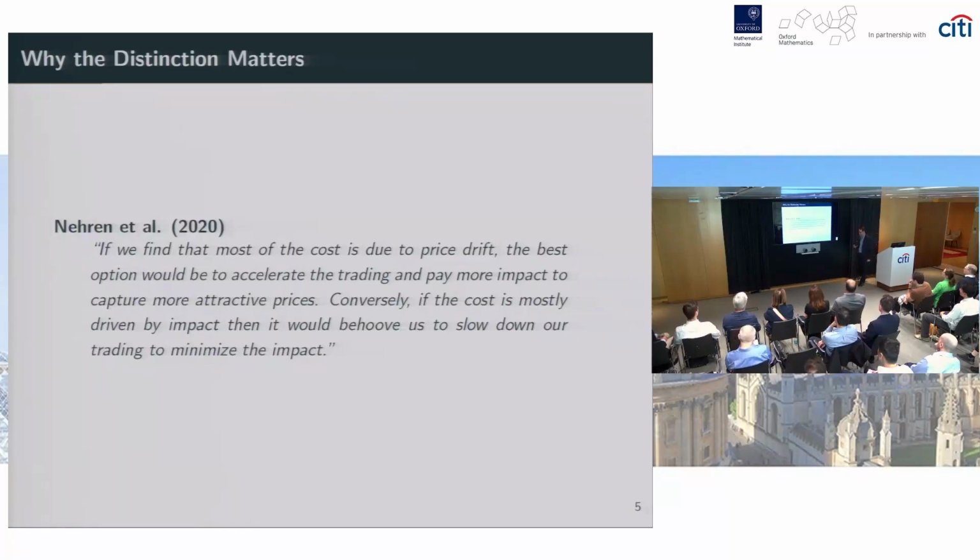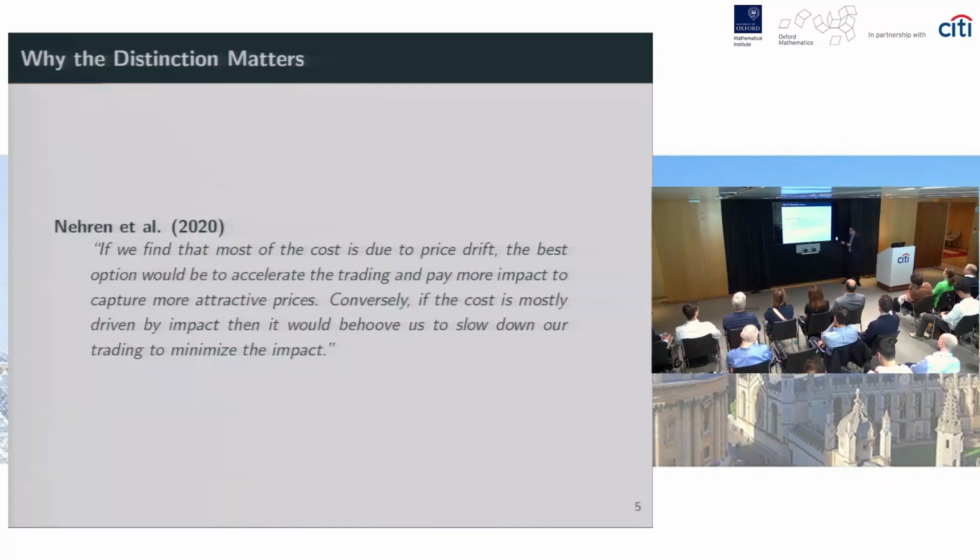I accentuated the point the last time, and I promise I'll leave you alone with this, but with the same return prediction, so in both cases you predict that the price is going to go up, you take diametrically opposed actions depending on whether you think that same return prediction is due to alpha, aka exogenous to your trading decision, or is due to impact, aka endogenous to your trading decision.